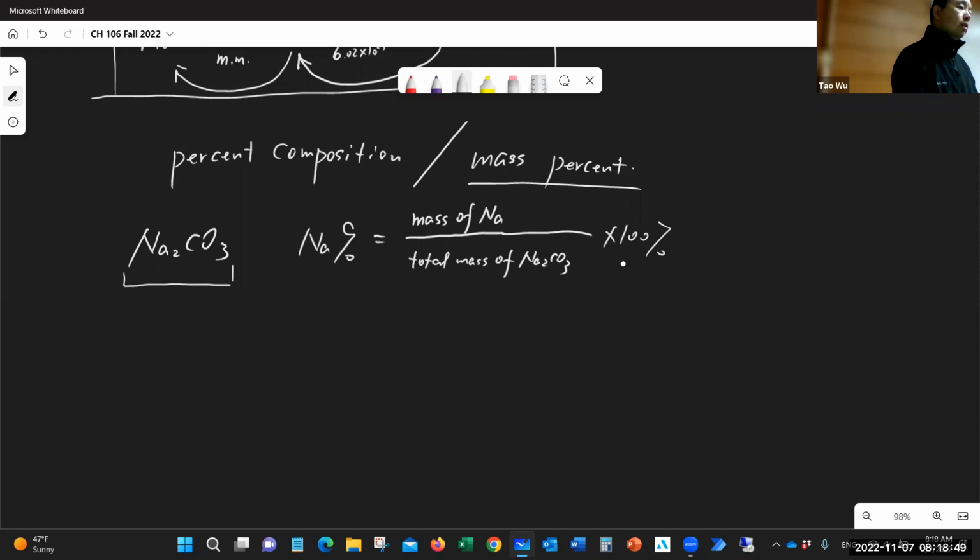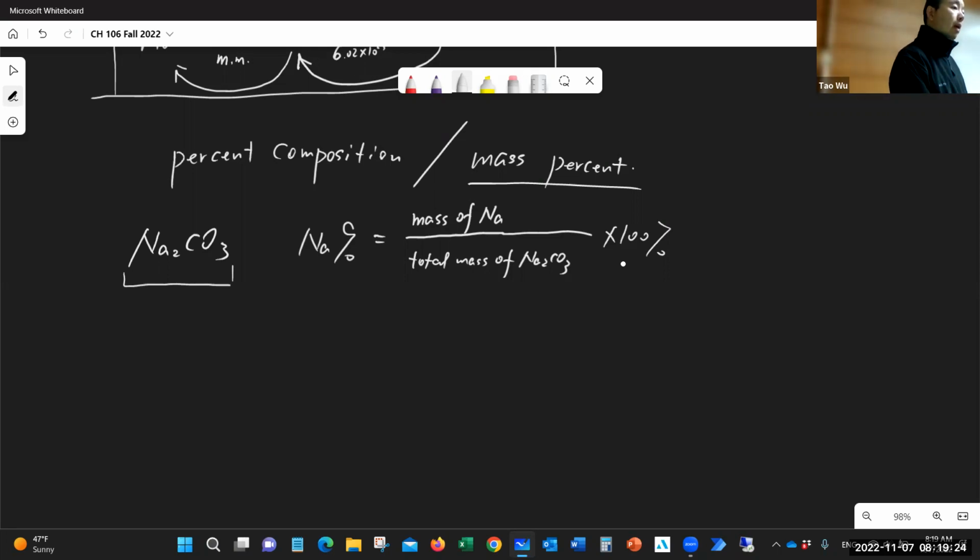So this is the mass percent, but you can also base it on the lab result to figure out the mass percent. We did several labs talking about this. We tried to figure out what the water percent in the hydrate is. That's going to be the mass of the water that you got from the experiment divided by the mass of the total hydrate, and that gives the mass percent.